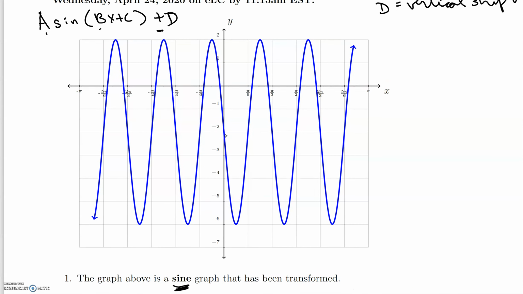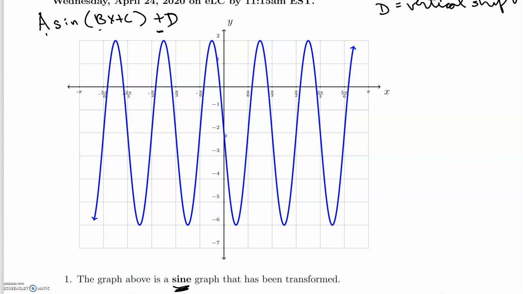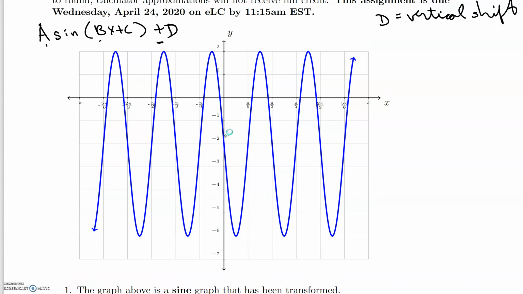So the amplitude, and this necessitates a slightly different approach, but another way to think about the amplitude is the max minus the min divided by 2.